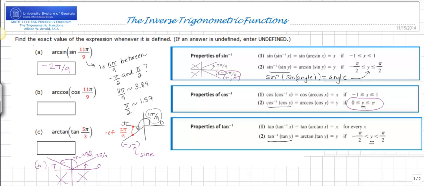Those are our two choices. Now, this is a quadrant 3 angle. Cosine is negative in quadrant 3. We know the reference angle, and we know that cosine is also negative in quadrant 2. So our answer would be pi minus 2 pi over 9. Now that's 9/9 minus 2/9, or 7/9.